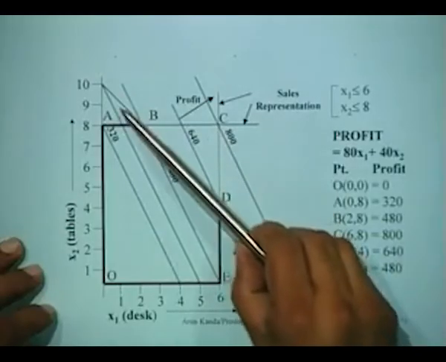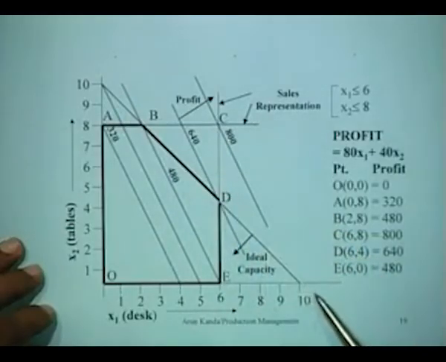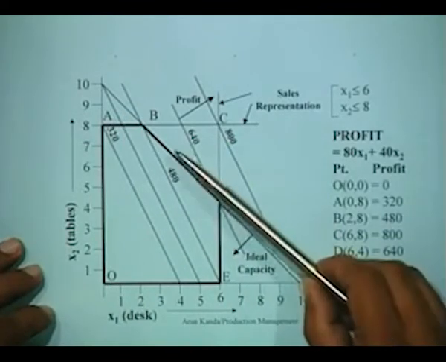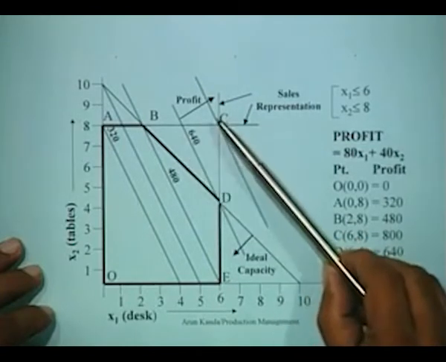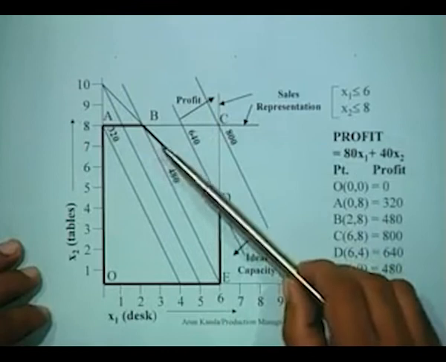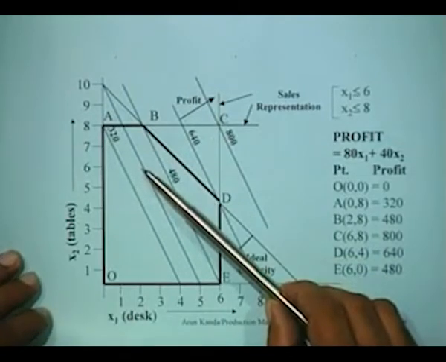So what would happen is, look at this example. This line shows that you are utilizing your capacity fully, and if you go in this direction you are basically overutilizing your capacity, and if you come in this direction you are underutilizing your capacity.